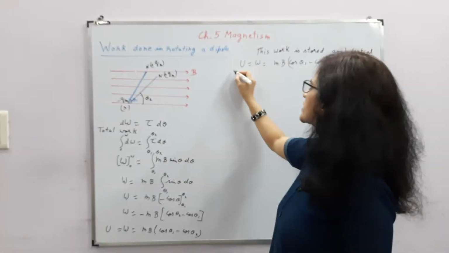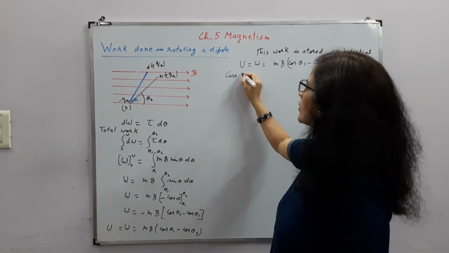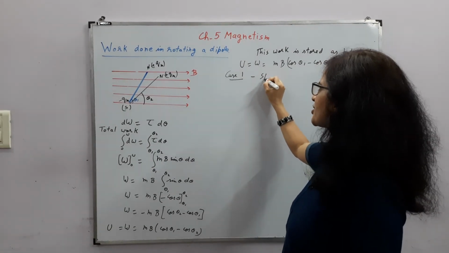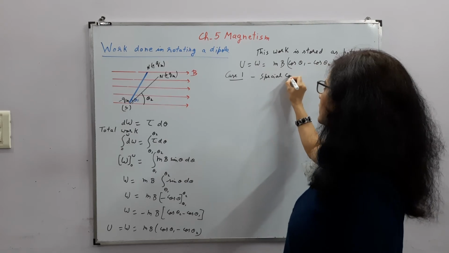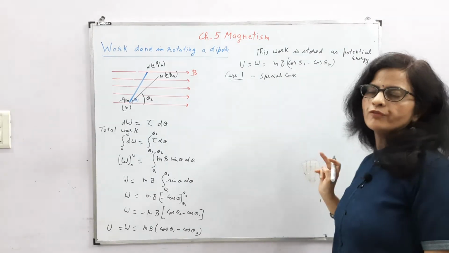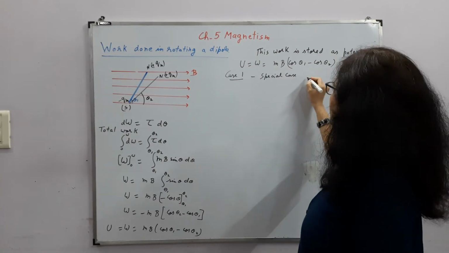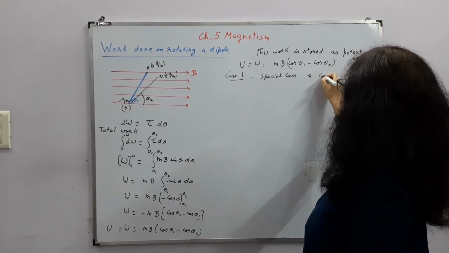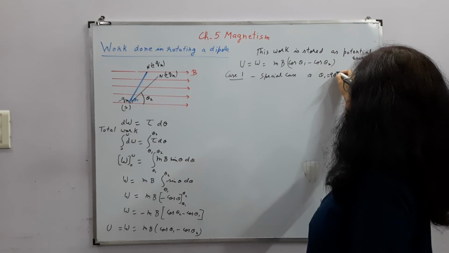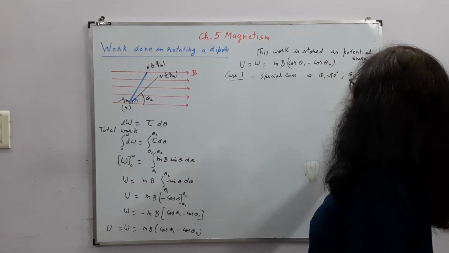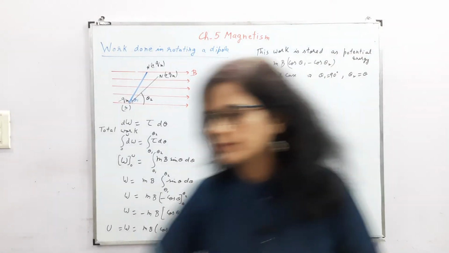Let's take some cases. Case 1, which is considered as a special case, gives another form of the formula which we generally use. We consider that theta 1 is 90 degrees and theta 2 is considered theta. So what does that mean?